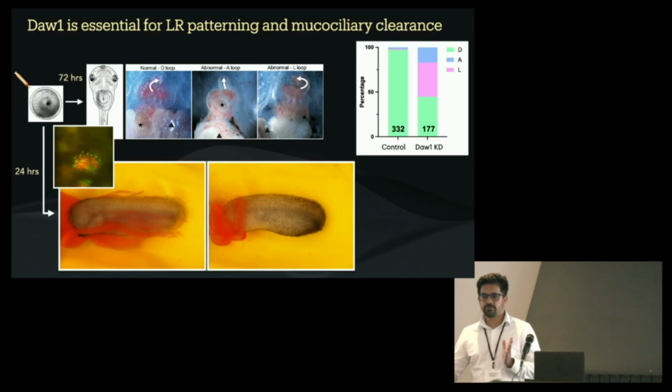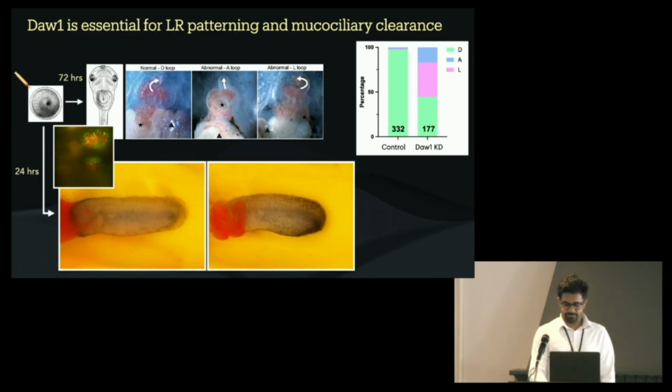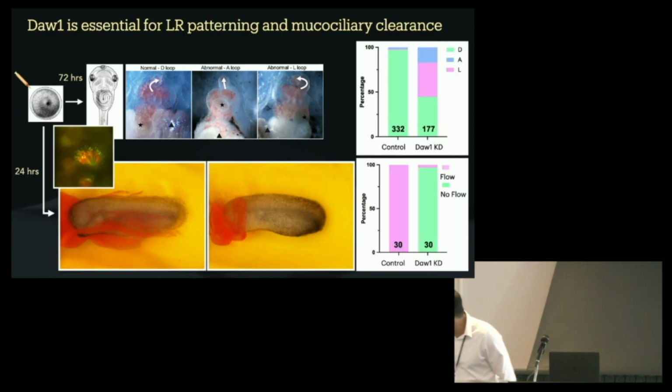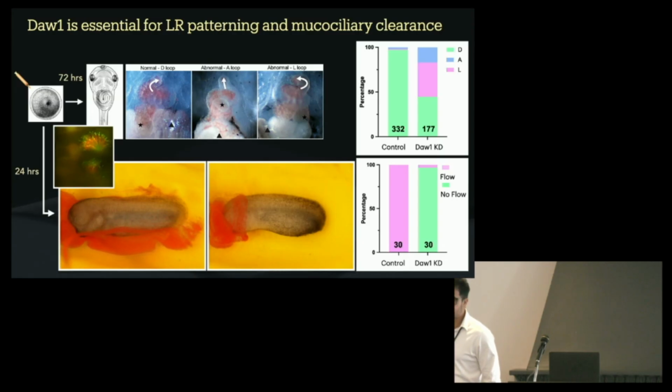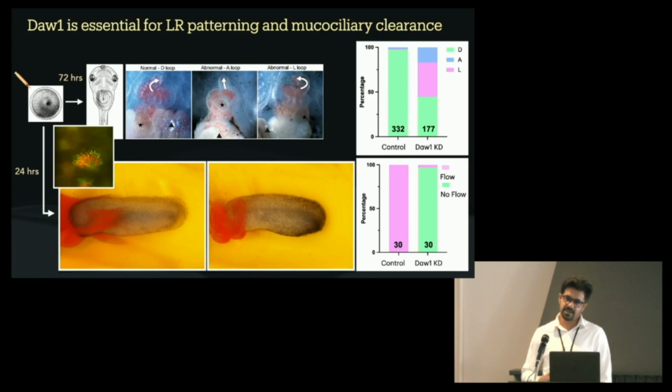These are not different embryos. It's the same embryo, looking at the multiciliated cells and at the heart looping. Control embryos all have flow. In the DAW1 knockdown, 90% of the embryos do not have any flow, showing that DAW1 is essential for motility of the cilia and possibly mucociliary clearance.